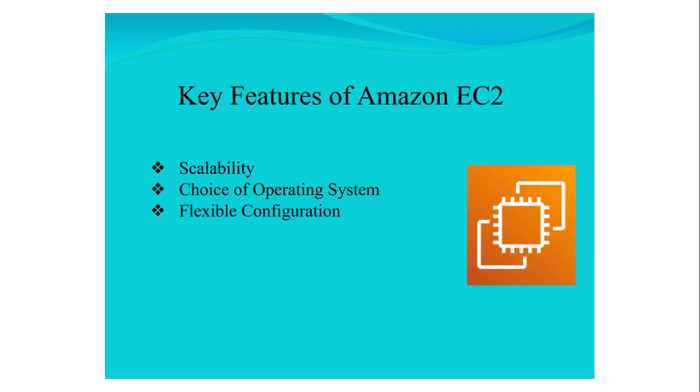Flexible configurations: EC2 offers a variety of instance types and sizes, which we'll cover shortly, so you can pick exactly the right setup. Automated backups and snapshots: EC2 lets you create backups of your instance so you can restore it if needed. Security: you can control who can access your instance and keep data safe with AWS's security features.